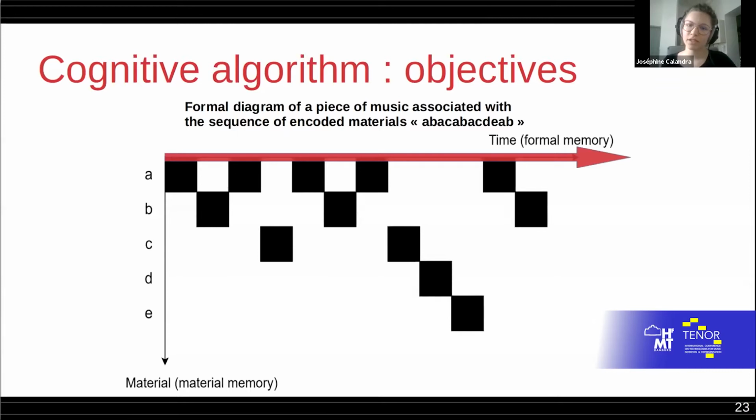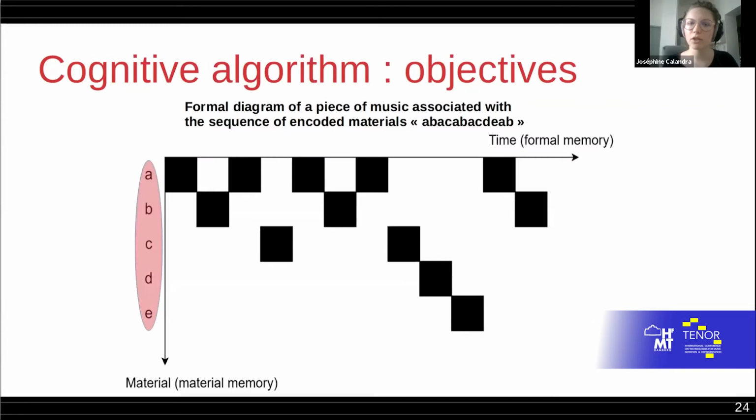The objective of such a representation is to show the music according to people's listening constraints. So it means that we want to represent the creation of a formal diagram through time. Another objective is to propose different representations according to what we define as similar. Therefore, a parameterization of the materials is necessary. Thus, we need to define the similarity criteria between two objects.